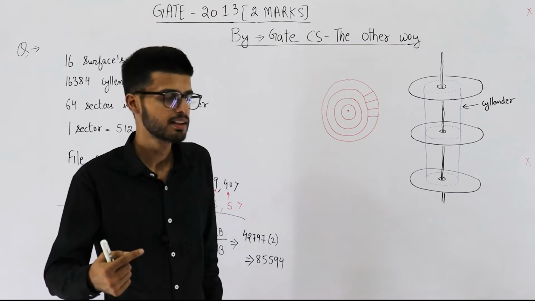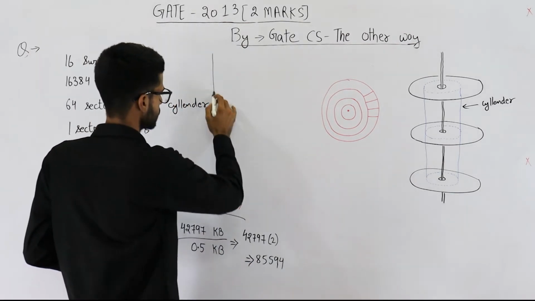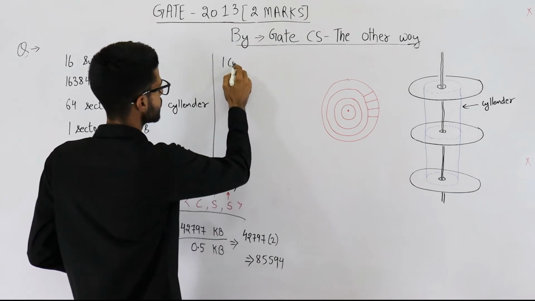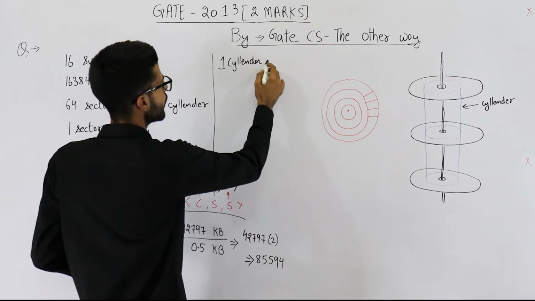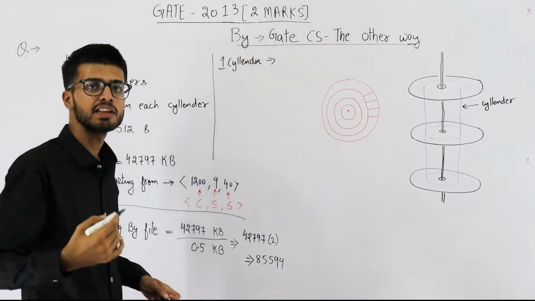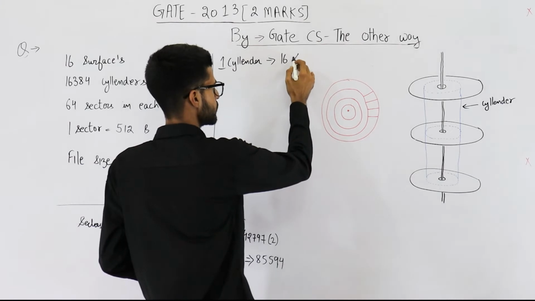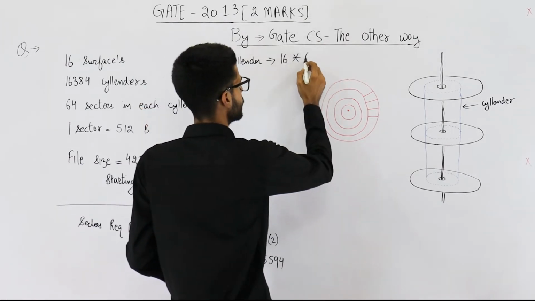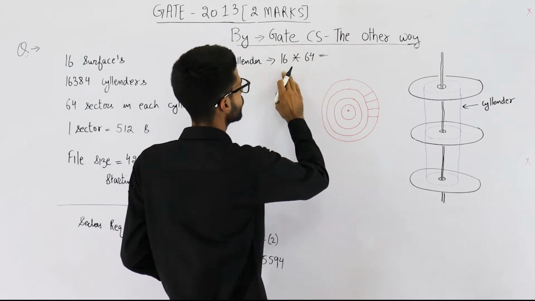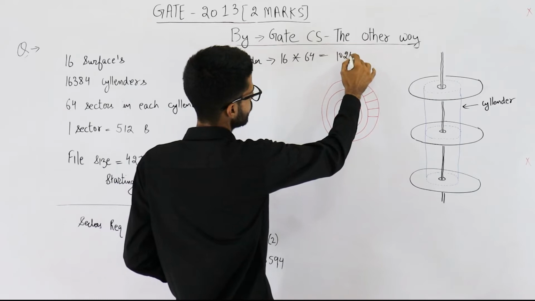That means one cylinder will contain a total of 16 into 64 sectors: number of surfaces multiplied by number of sectors per surface. This comes out to be 2 power 4 times 2 power 6, which is 2 power 10, which is 1024.